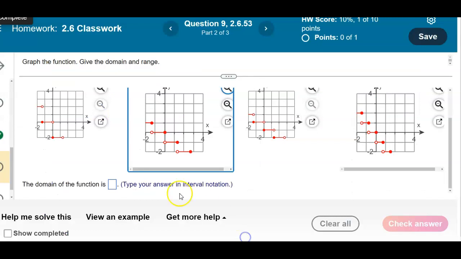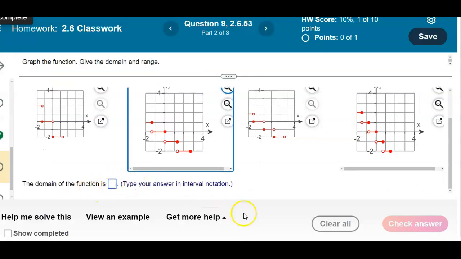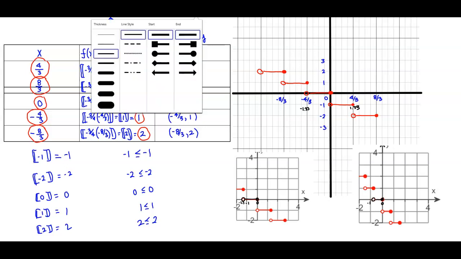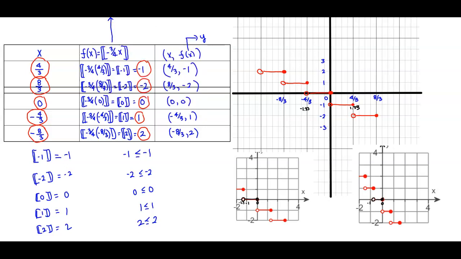Now, let's take a look at the second part. It says, find the domain of this function. Well, what is the domain of this function? The domain of the function means what are all the x values that we can substitute into this function. So this is the domain.